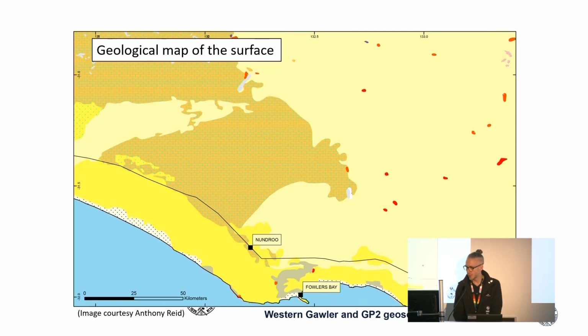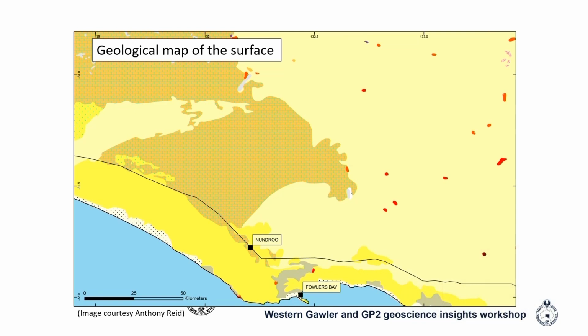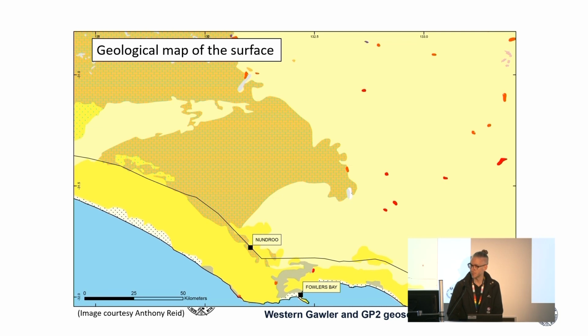I've stolen this slide and the next one from a colleague, Anthony Reid, and I love showing these 2 slides because they really demonstrate the value of the geophysical data, and in this case especially the magnetics. This is a geological map of an area out in the Western Gawler, just north of Fowler's Bay, and you can see there are a handful of geological units there.